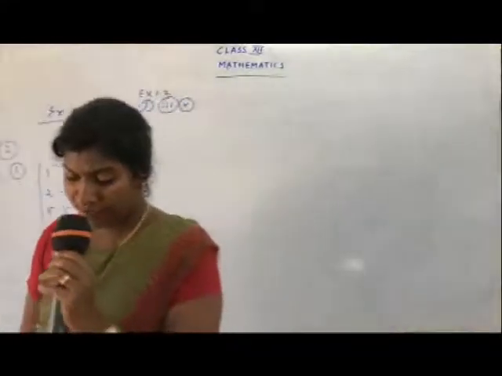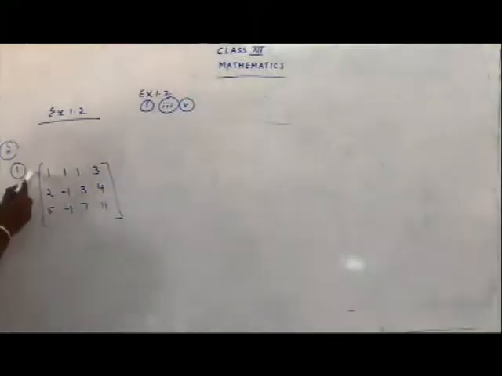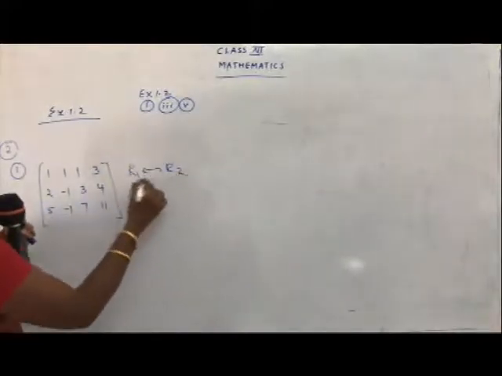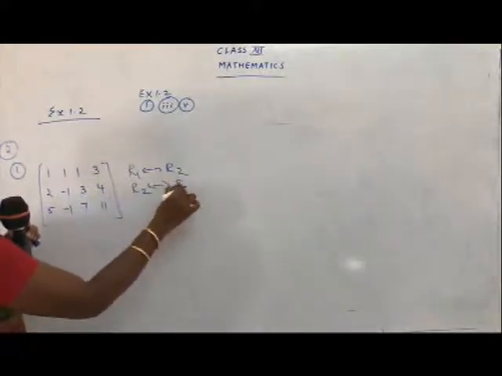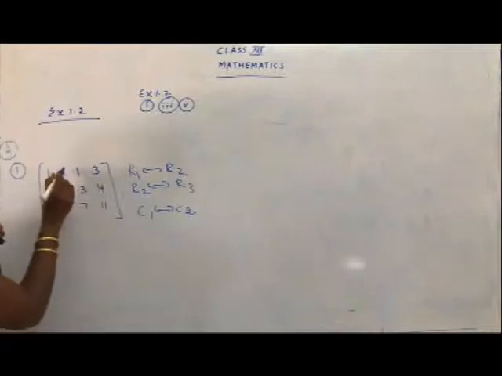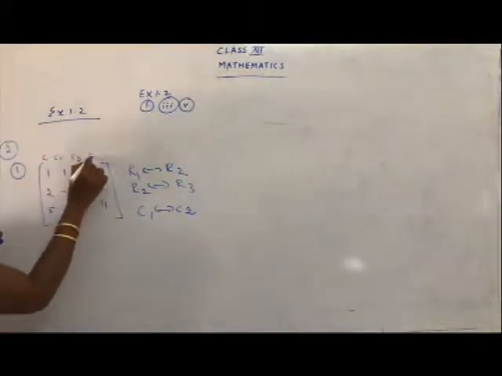The first point says the interchanging of any two rows or columns of the matrix. That is, you can interchange any row or you can interchange any column. That is, R1 can change to R2 or R2 can change to R3. Column 1 can change to column 2. So this is column 1, column 2, column 3, column 4.